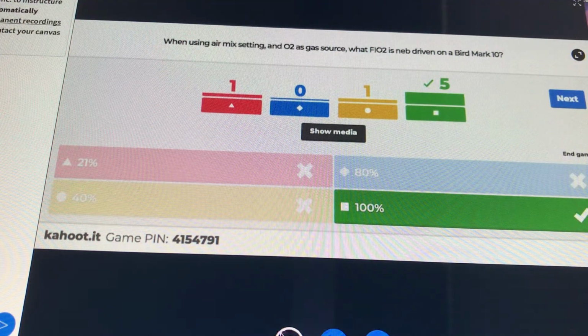If your machine has an oxygen hose on it, it's put into the oxygen on the wall. Remember, your nebulizer is always driven by whatever your gas source is. So if your gas source is oxygen, it's going to provide 100% oxygen. If your gas source were air, then it would provide 21% oxygen because air is 21% oxygen.